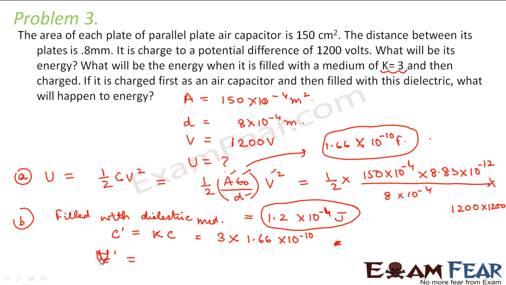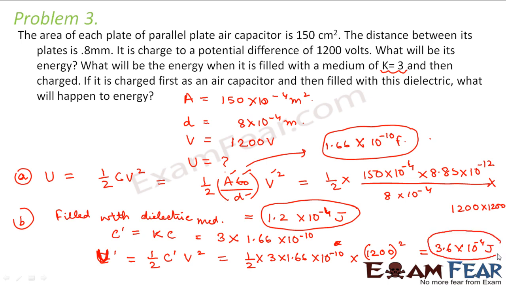The new energy U dash equals half C dash V squared, which is half into 3 into 1.66 × 10^-10 into V squared, where V is 1200. This value comes out to be 3.6 × 10^-4 joules. This would be the energy stored when it is filled with a medium of dielectric constant 3.